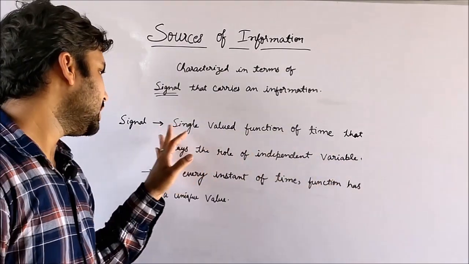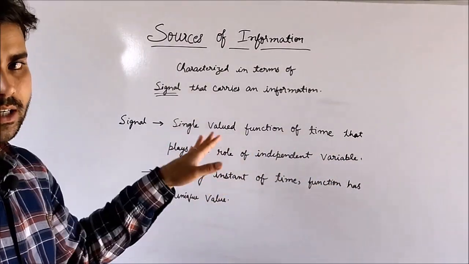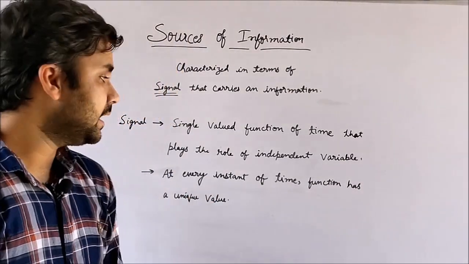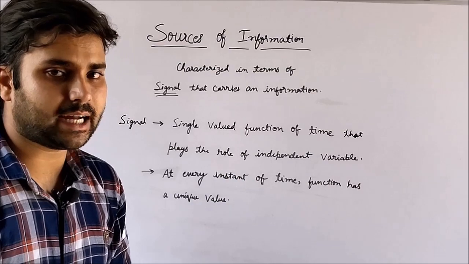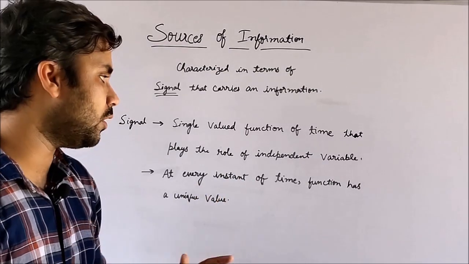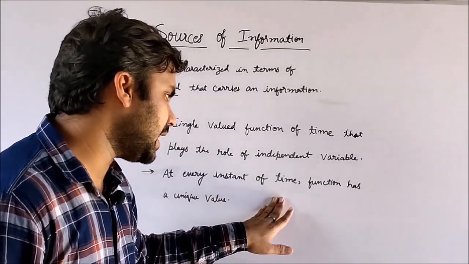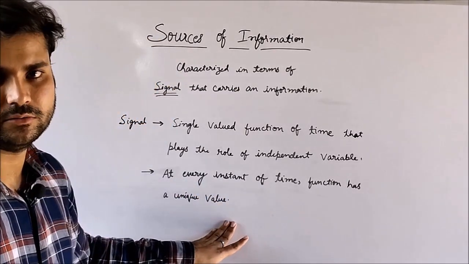What is the signal? A signal is defined as a single valued function of time that plays an important role as an independent variable. At every instant of time, the function has a unique value.